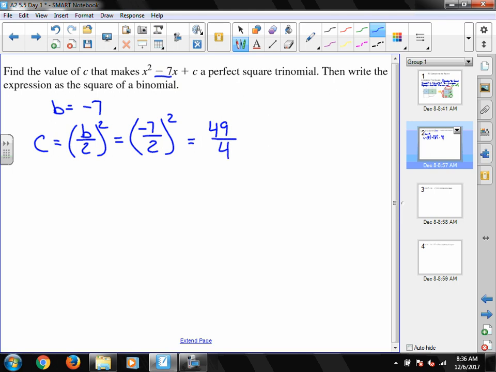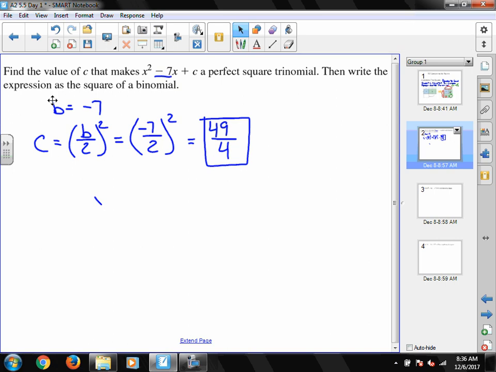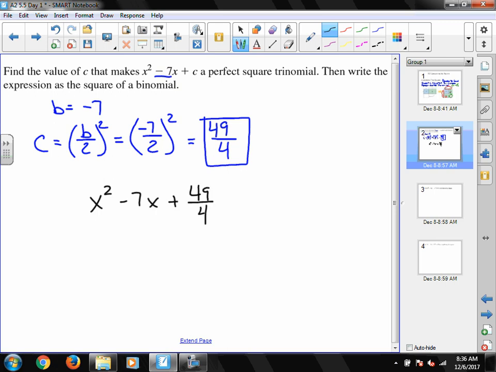And there is going to be the c value that will make it a perfect square trinomial. So if I plug this in, I'm going to change colors to separate that we're doing two different things here. I have x squared minus 7x plus 49 over 4.